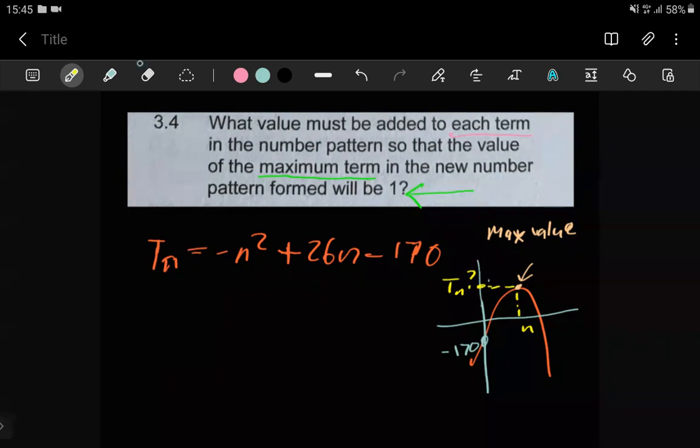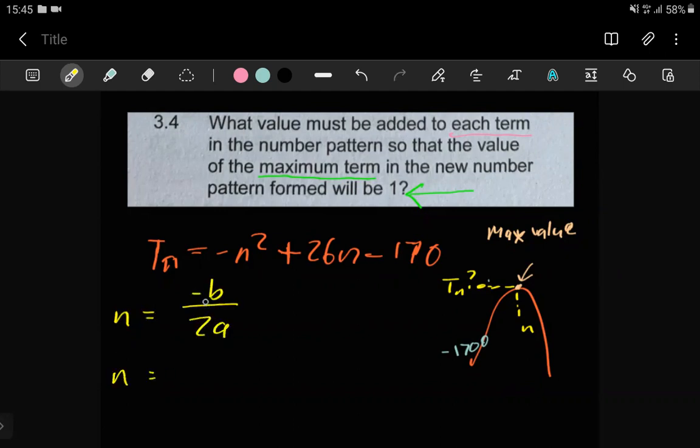But anyways, let me not be too technical. Let me even remove the Cartesian plane there because we don't have to be extra like that. So let's just get the maximum value here. We can get it by firstly getting the n value that's going to produce the maximum, of which we can just use the turning point formula, minus b over 2a.